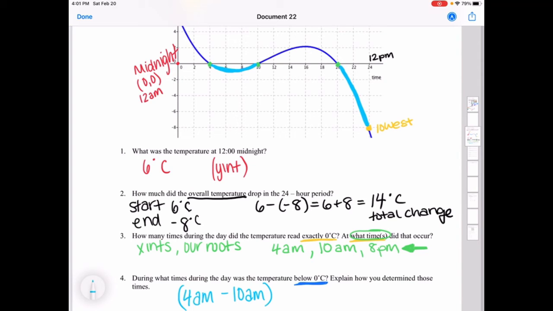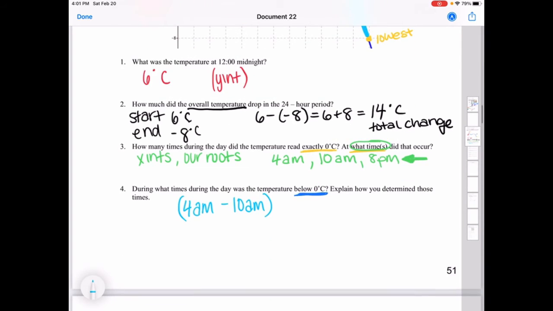We already established that'd be 8 p.m. So from 8 p.m. to 12 p.m. So it's 4 a.m. to 10 a.m. union 8 p.m. to 12 p.m. That's because it's both intervals, so we're going to combine them.